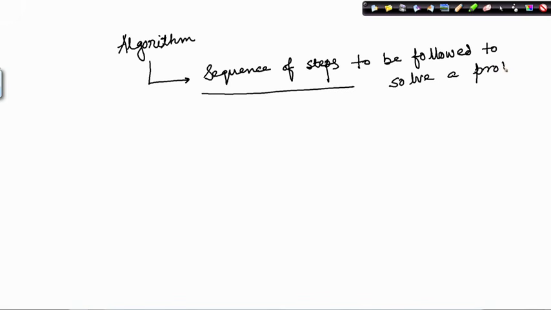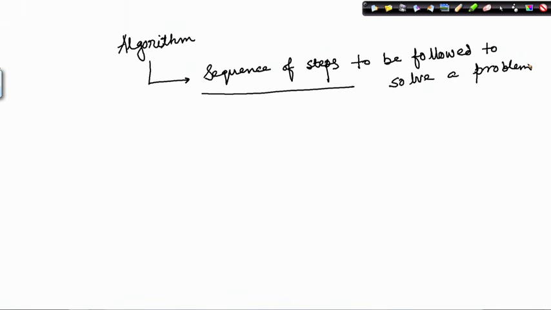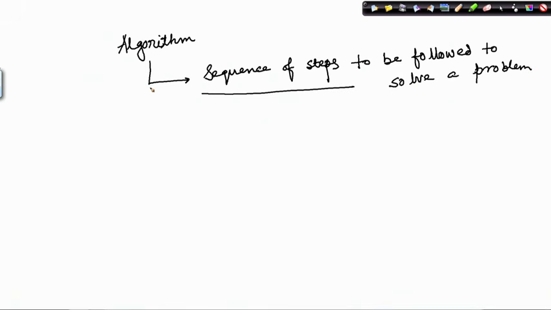Now, the question is: how do we express an algorithm? How do we express the sequence of steps? There can be different ways of expressing it, right? Usually, ultimately we will have to write a program for this.